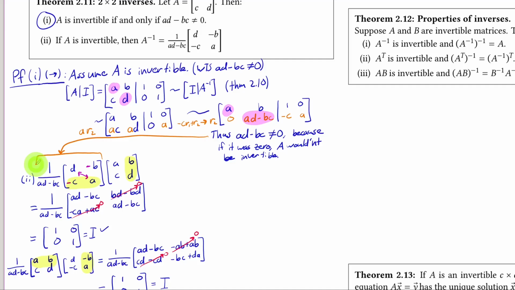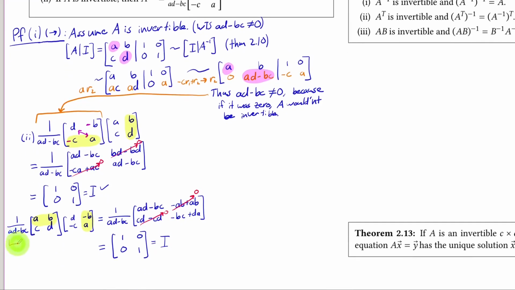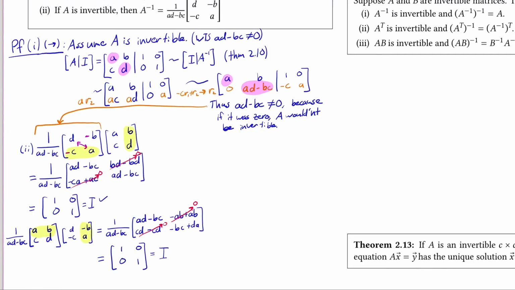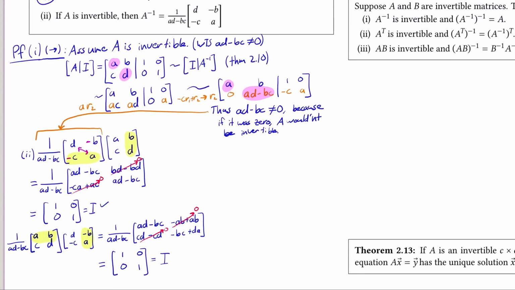And we just showed that when you multiply that on either side of A, you get the identity. So that means that this is the formula for the inverse.